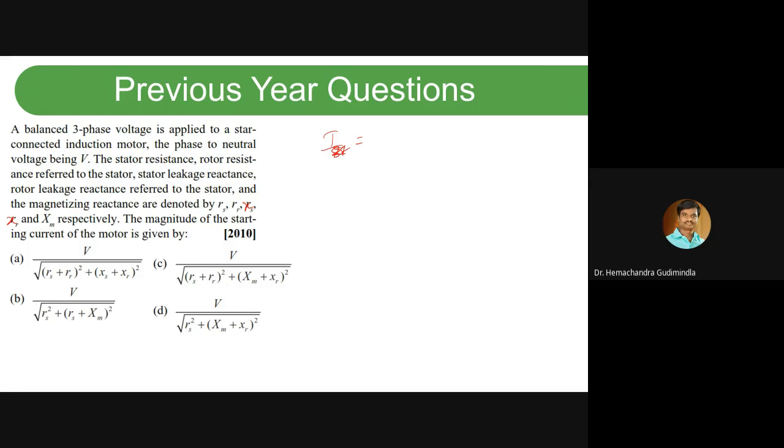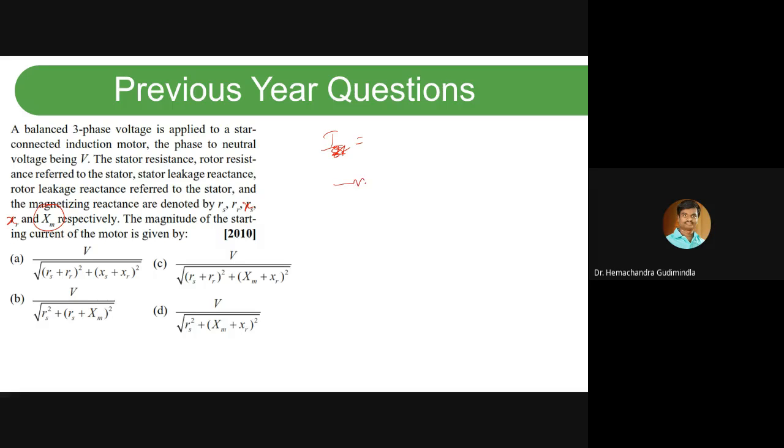Now the starting current of the induction motor is very high compared with the full load current. So starting current is like 5 times higher than the full load current. But exciting current is small. That's why we can neglect the shunt branch, we can neglect the magnetizing reactance. Then what components will we get?